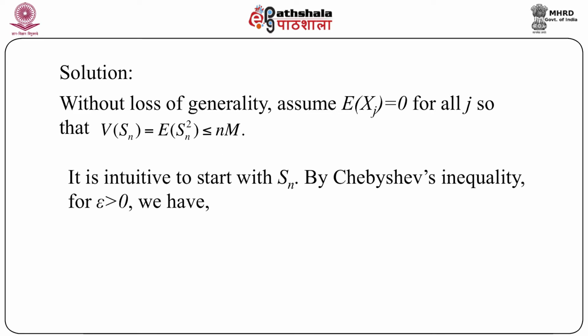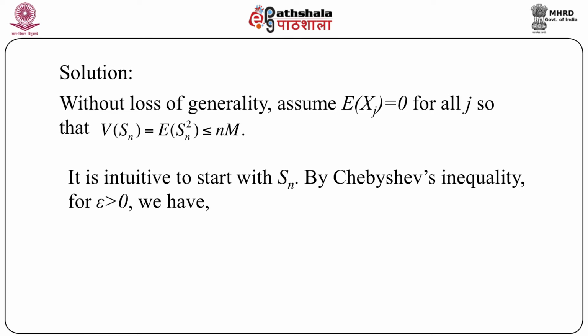Now, intuitively, this entire proof involves Sn, so it is clear that we have to start with Sn, which in fact we did. Now let's try to apply Chebyshev's inequality, which we know for a long time.